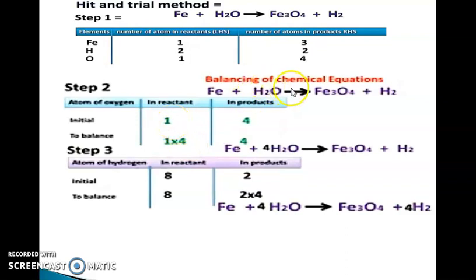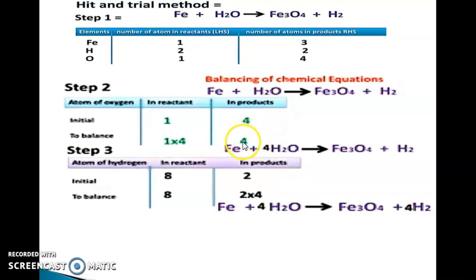Means after observing this reaction, you observe that the number of oxygen atoms is unbalanced on the reactant side. But on the reactant side only 1 oxygen atom is present. So we just multiply this 1 by 4. After the multiplication, on the reactant side also, the total number of oxygen becomes 4.